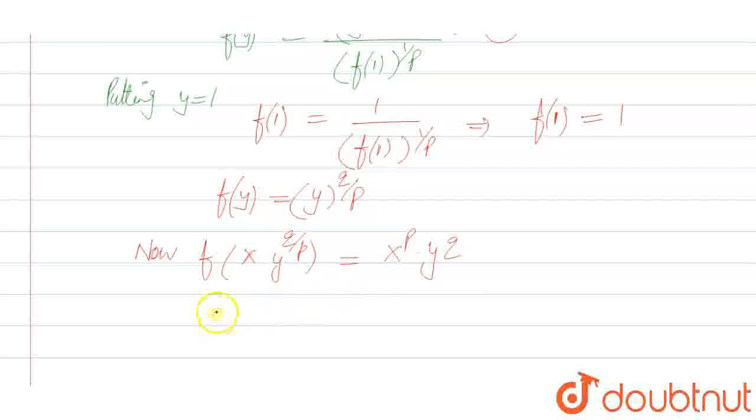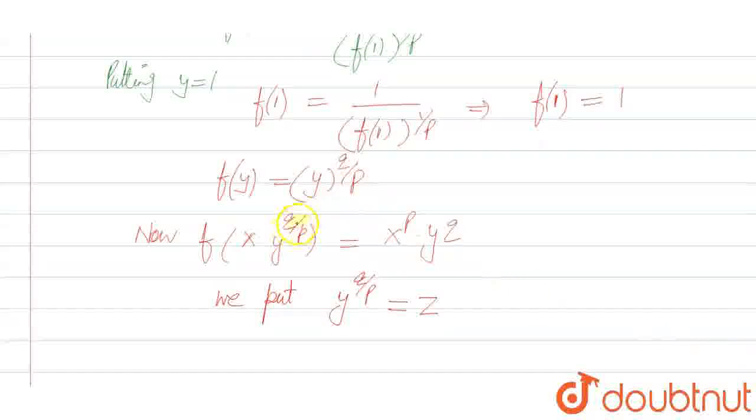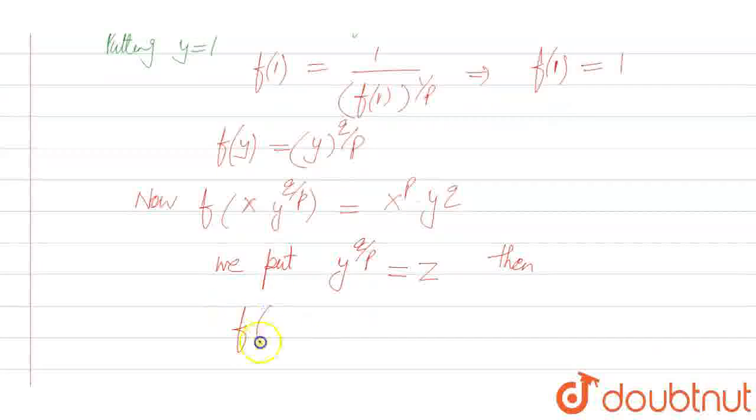Okay, now we put y^(q/p) equal to z. Okay, this term we are putting equal to z. Then we can say that f(x)·z is equal to x^p, and in place of y we will write z.